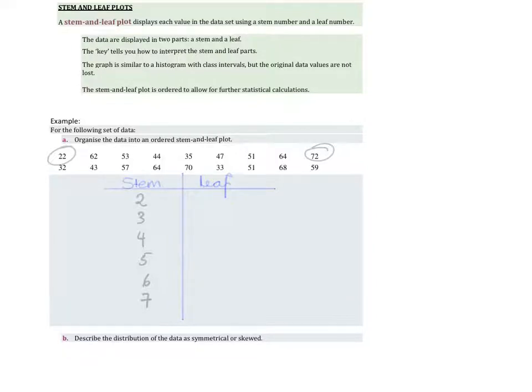Now, our leaf also has to go in order. So reading from our calculator, we can see that the only value there that is in the 20s is 22. So that will go like that. Now, we're not putting commas in, and there's no other values with a stem of 2. So let's move down to our 30s.